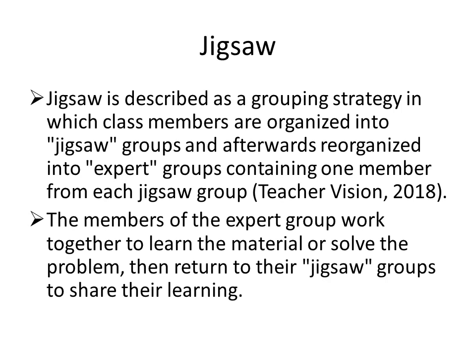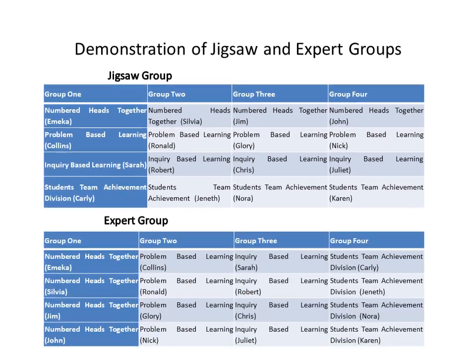So the members of the expert group work together to learn material or solve the problem. The problems they are solving are as assigned to them by the class teacher. Then they will return to their jigsaw groups to share their learning and learning experience.